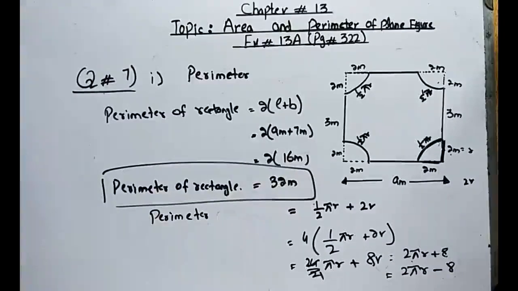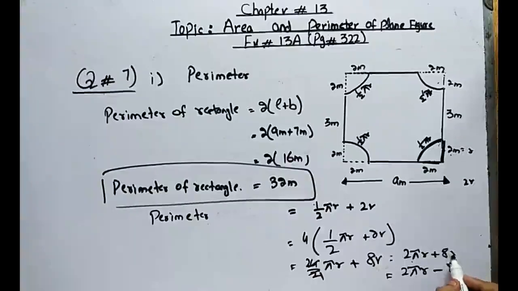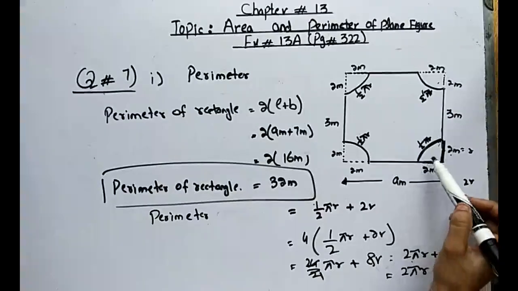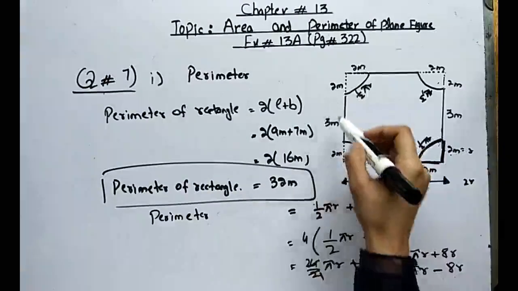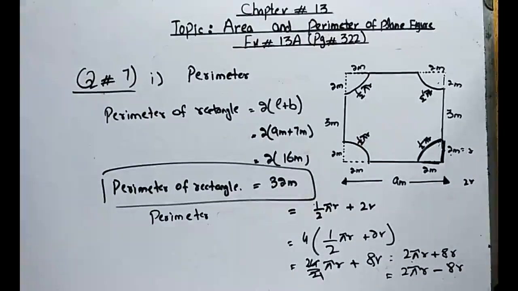We will subtract 8r. Fine? Perimeter means outside. So we will remove this small arc from a complete circle. Fine? So remove means we will subtract.